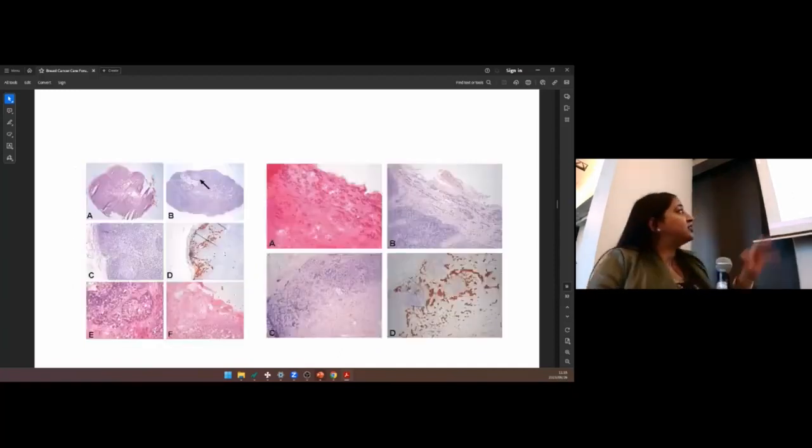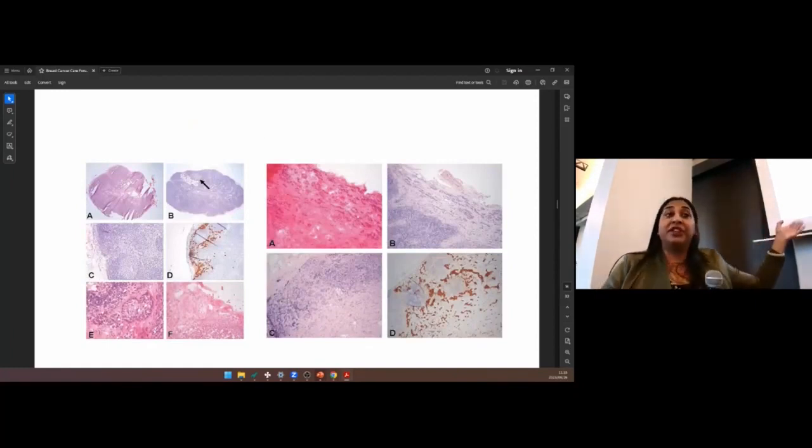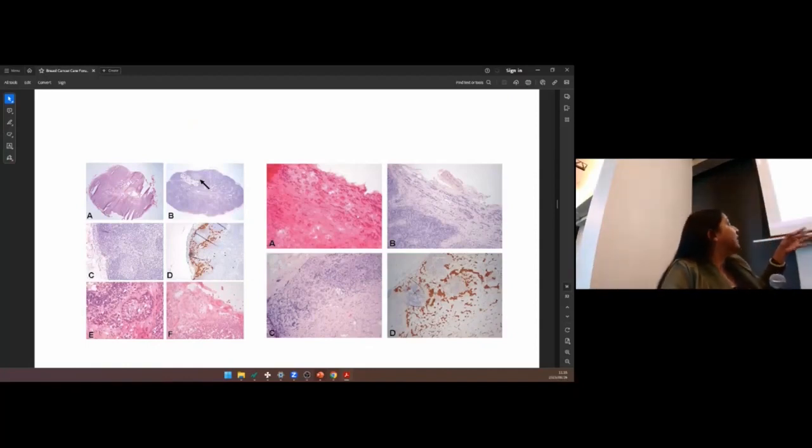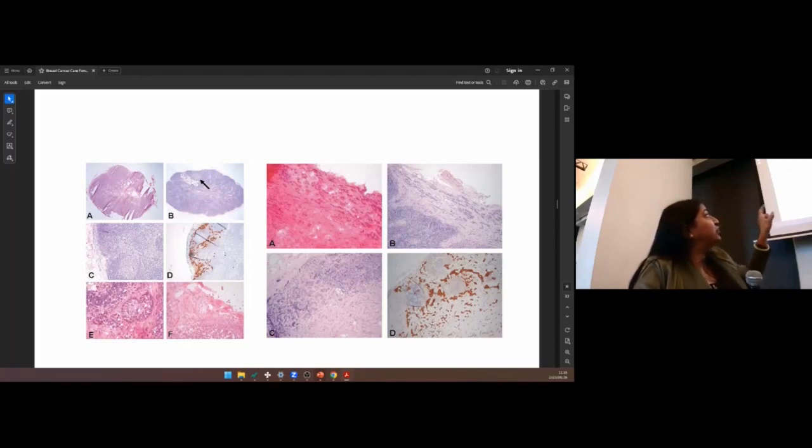Okay, and then this is just to highlight for you that on the node sections that we do, sometimes even at frozen section, Francois has a very good rate of lymph node sampling. He sends it to us. We put it under the microscope under the frozen section process, and then we can often detect micromets, or if we're not able to, we'll defer it to permanent sections and run immunohistochemical stains on it.